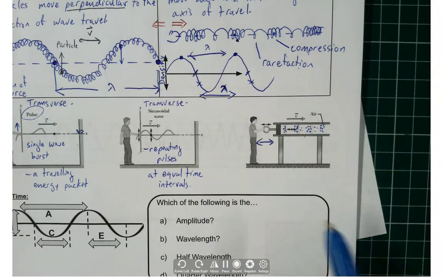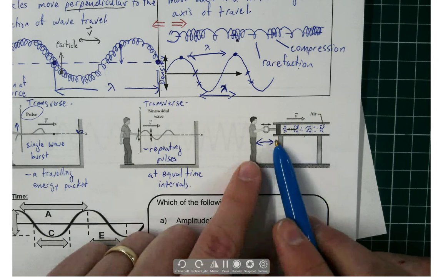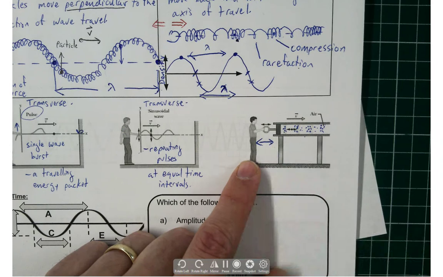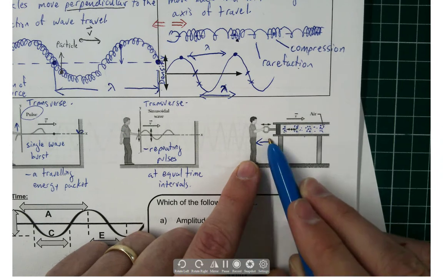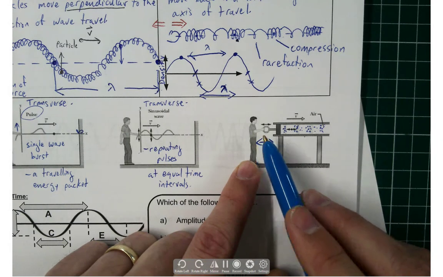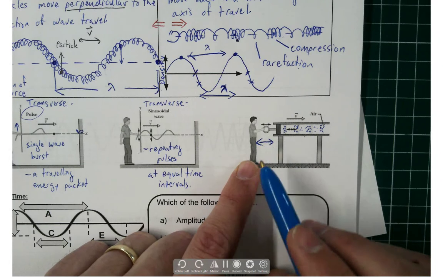By the way, this kind of longitudinal wave is how sound waves travel. This is exactly what sound waves are. This person pushing in and out on this piston isn't necessarily going to make something we can hear, because they'd have to be pushing in and out about 20 times per second or more, anywhere from 20 to 20,000 times per second.